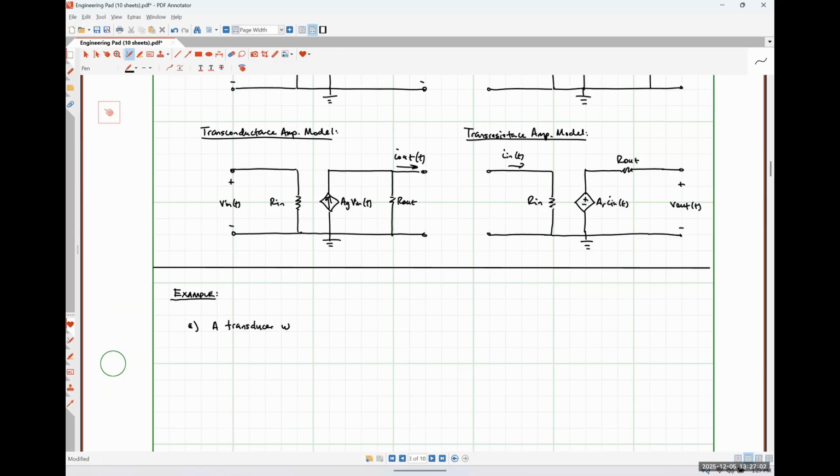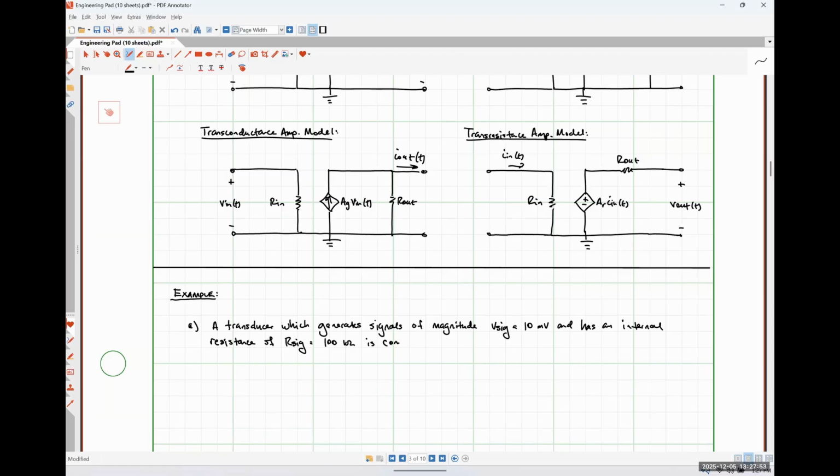So a transducer which generates signals of magnitude V sig is equal to 10 millivolts and has an internal resistance of R sig is equal to 100 kiloohms.